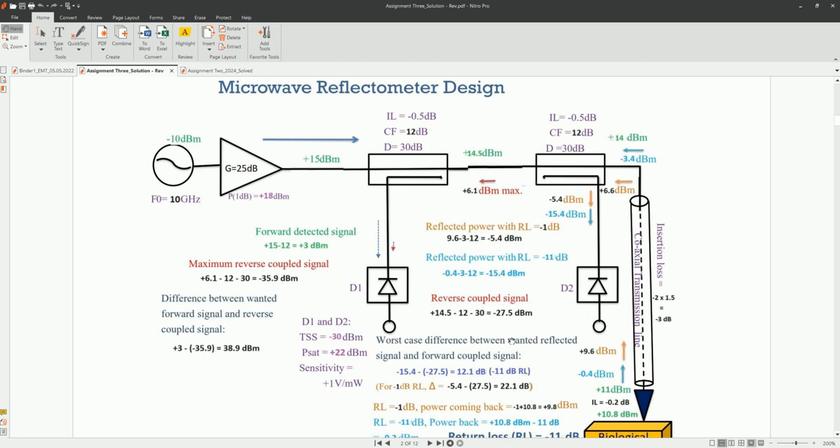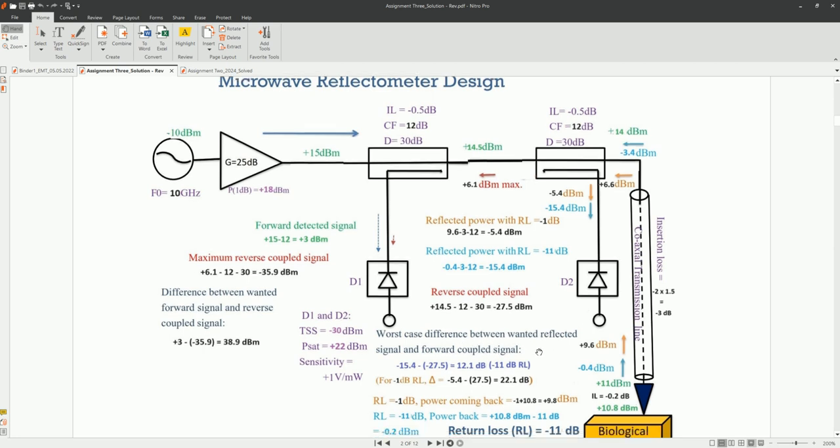And the worst case difference between the wanted reflected signal and the forward coupled signal will be minus 15.4 minus minus 27.5, which is 12.1 dB at minus 11 dB RL.